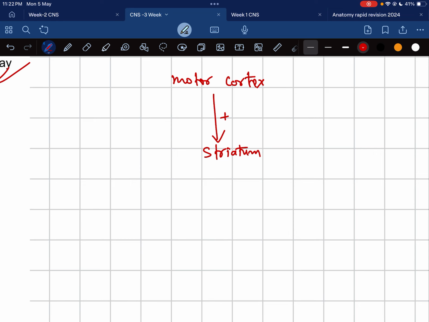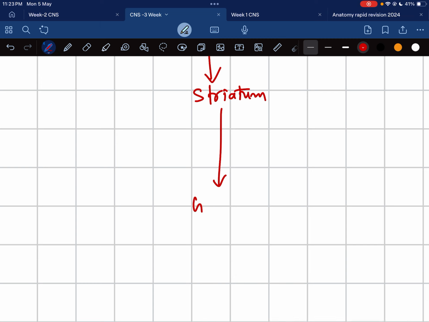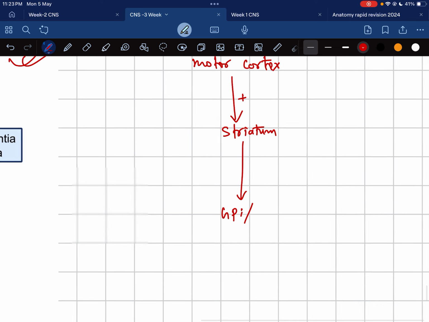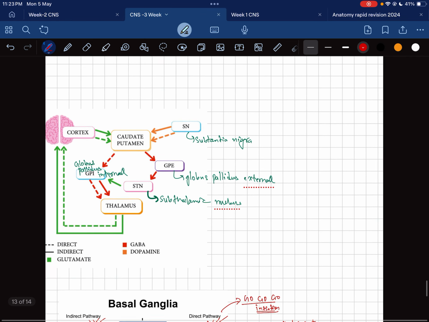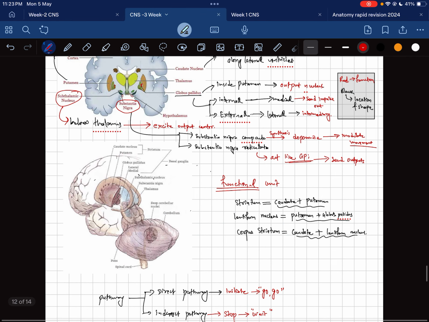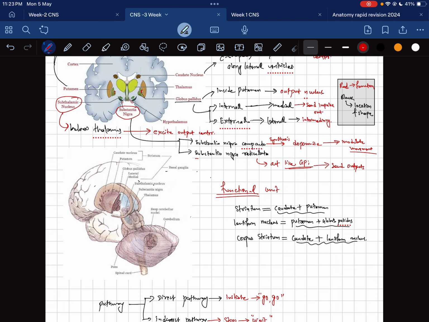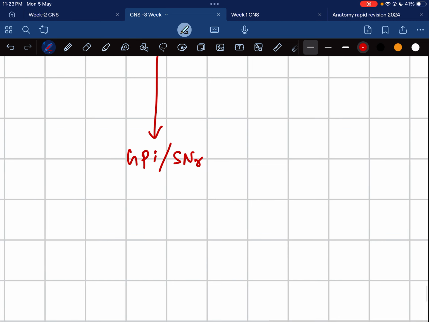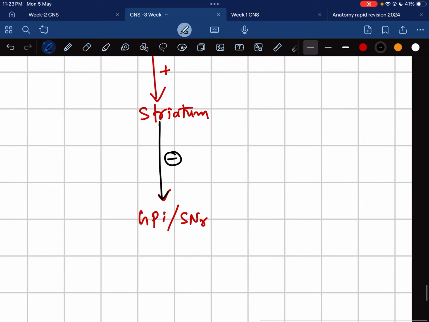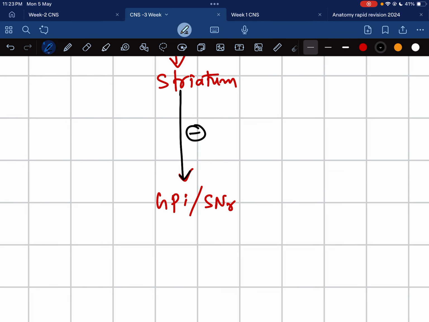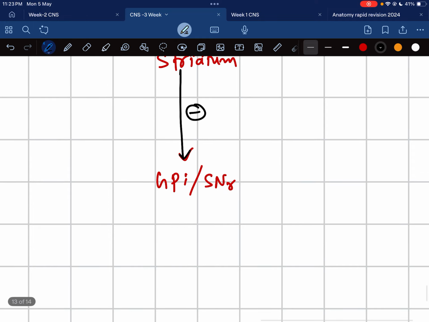When the striatum is excited, that inhibits the globus pallidus internus and the substantia nigra reticulata, sorry. Making it with another color, that inhibits the globus pallidus internus and the substantia nigra reticulata.